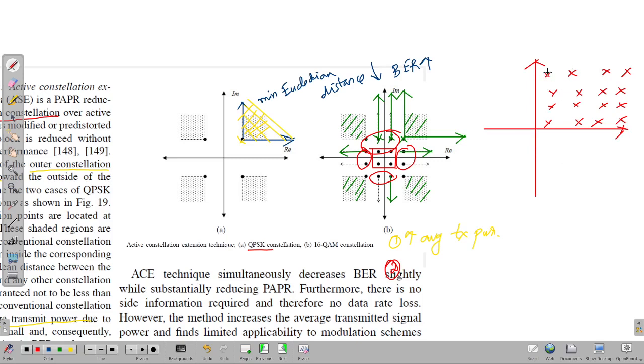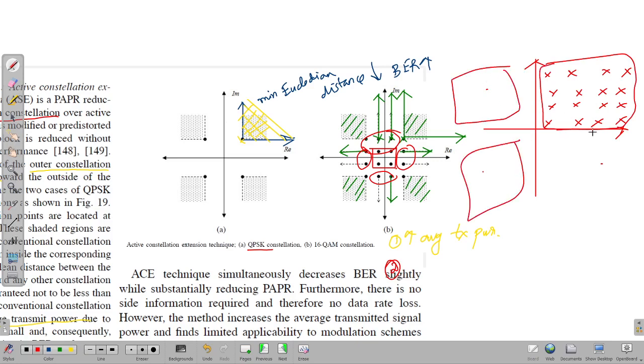And just imagine, the same thing will repeat left, right, and down. I'm not going to draw everything, but these same constellation points repeat here also, and here also, and you can see that the interior points, other than the exterior points, don't have the freedom at all to adjust the PAPR.